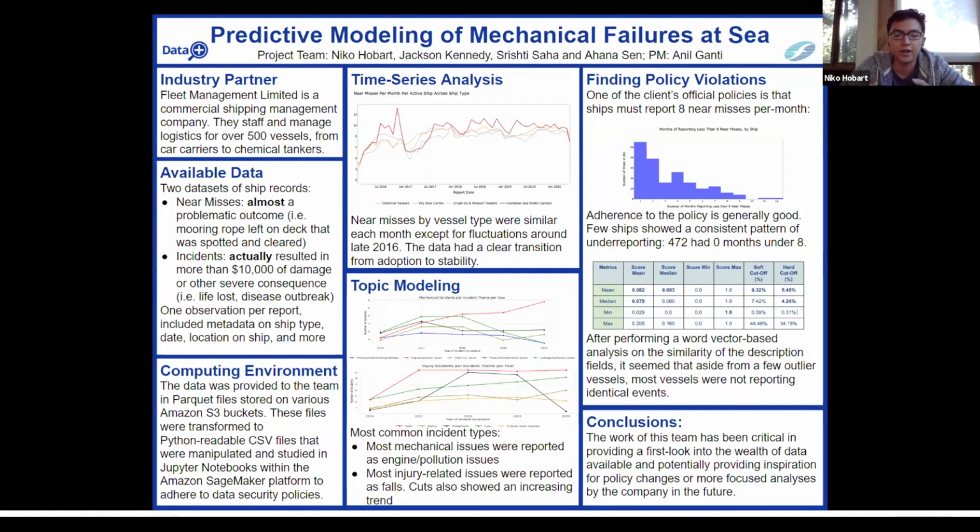This would max out at around 35% of entries for a given ship, which is definitely something we wanted to continue to look into.